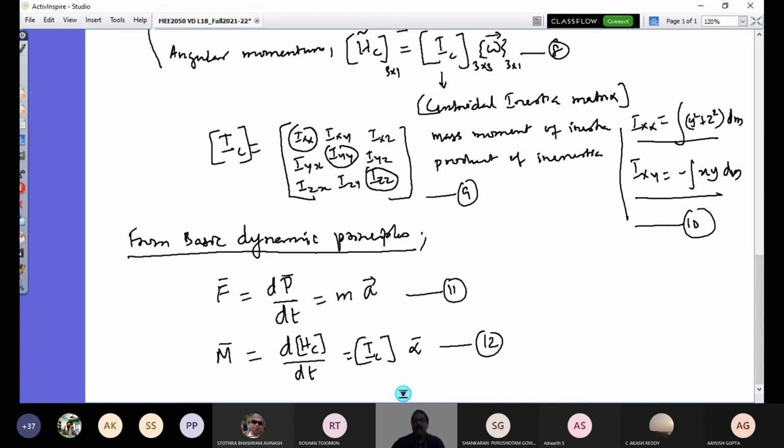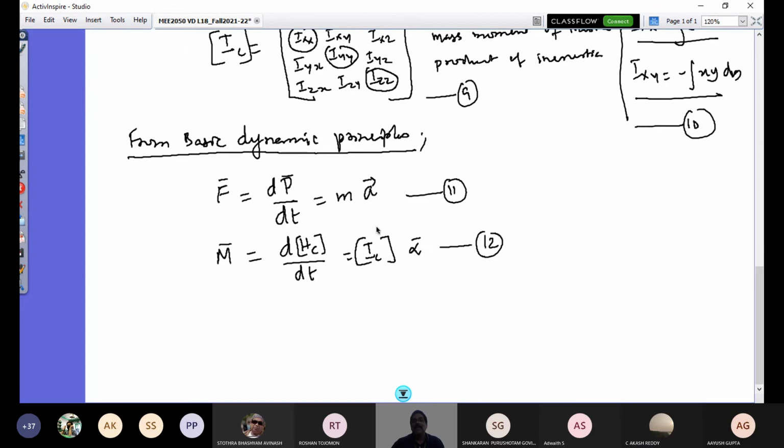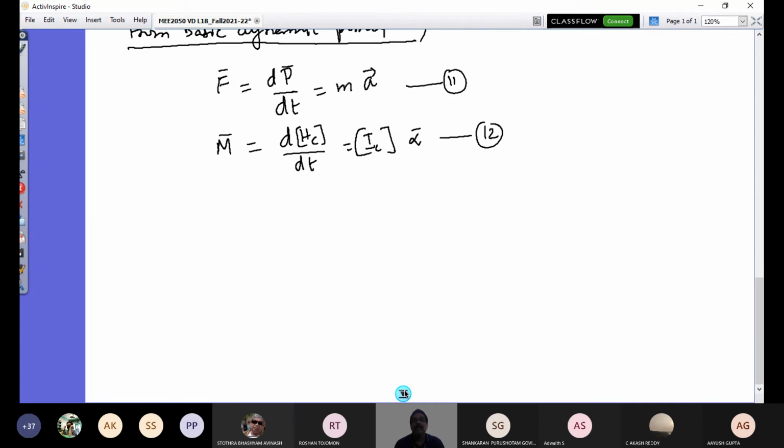But what is important is that the acceleration here and the angular acceleration in equations 11 and 12 are not simple like what we think, simply dv by dt. A would be equal to dv by dt only if I take a particle ideology, when I do not consider a body fixed coordinate system and look at my vehicle without considering the entire shape, the physical geometry. Then a is equal to dv by dt, and alpha is equal to d omega by dt.